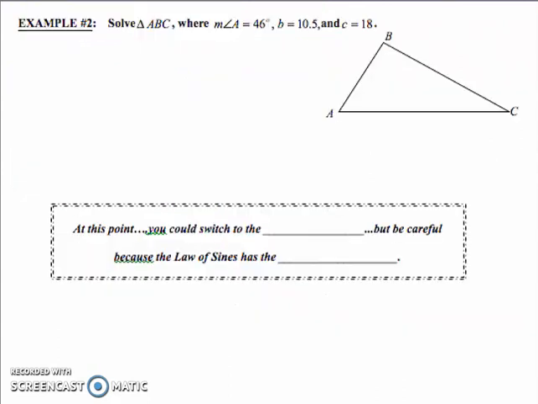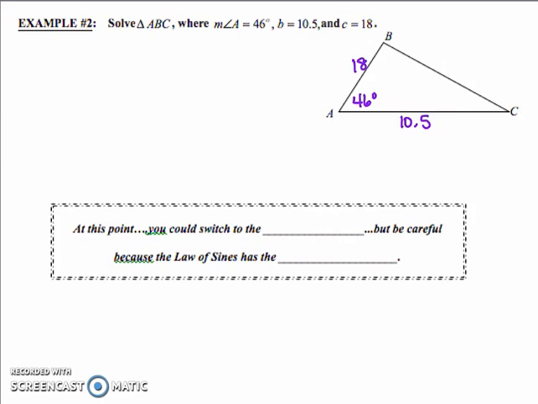In the next example, we're asked to solve another triangle. This time we know the measure of angle A is 46 degrees, side B is 10.5, and side C is 18. Okay, so we're going to begin by finding side A first.